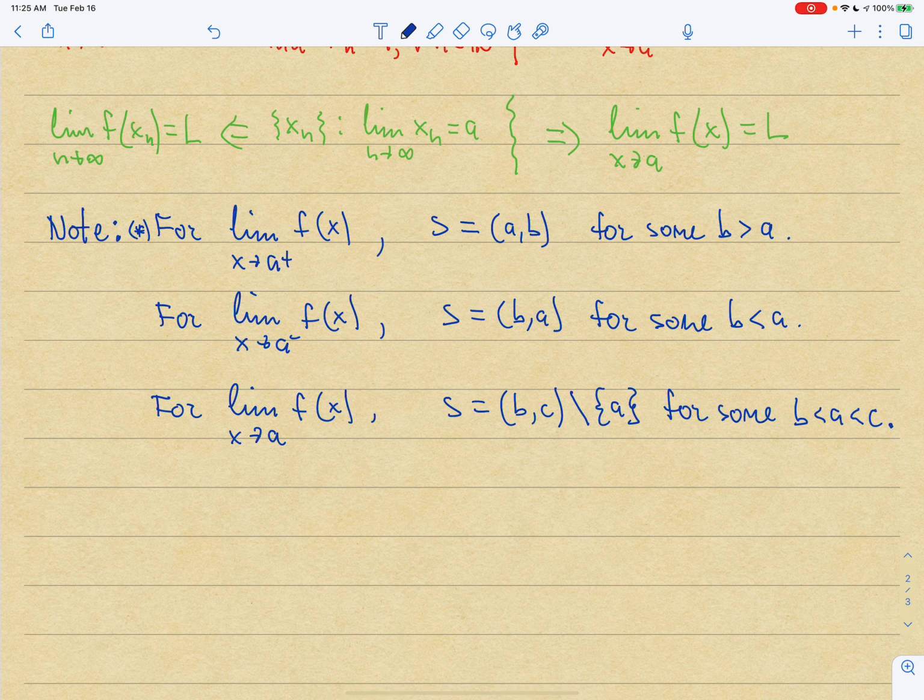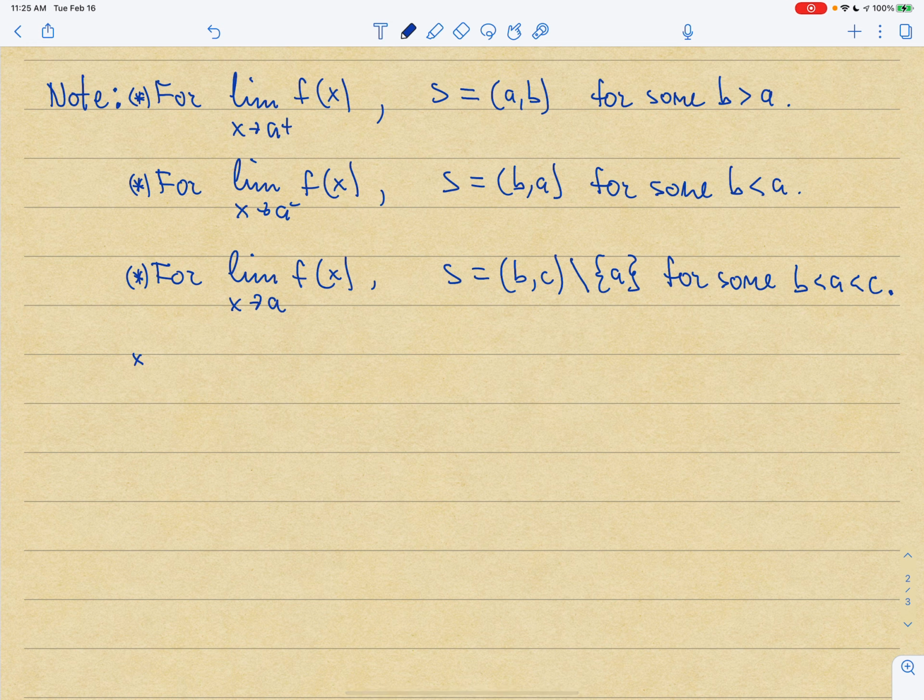Okay, what are the other kinds of limits? We can have an infinite limit. So for a limit x goes to a of f of x equal to infinity, what do we do?